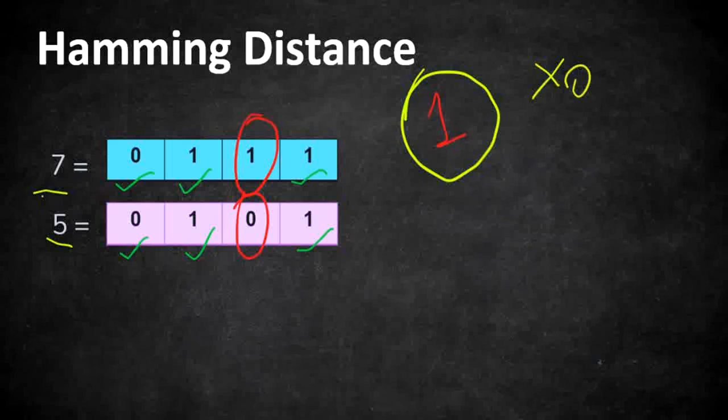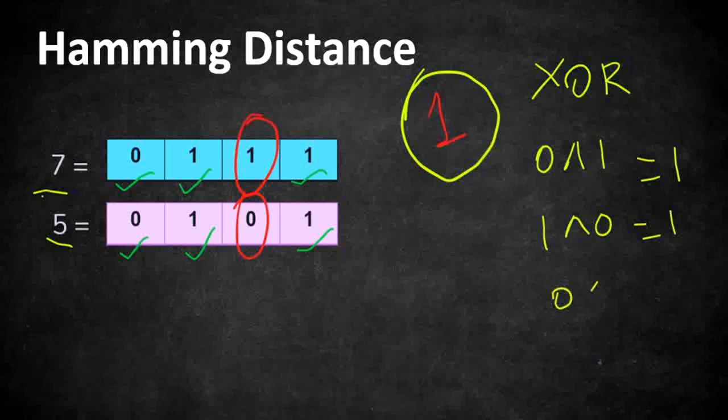XOR will give you 1 in the output when both the numbers are different. That is, 0 XOR 1 is equal to 1, and 1 XOR 0 is equal to 1. Otherwise, if the numbers are the same, it gives 0.